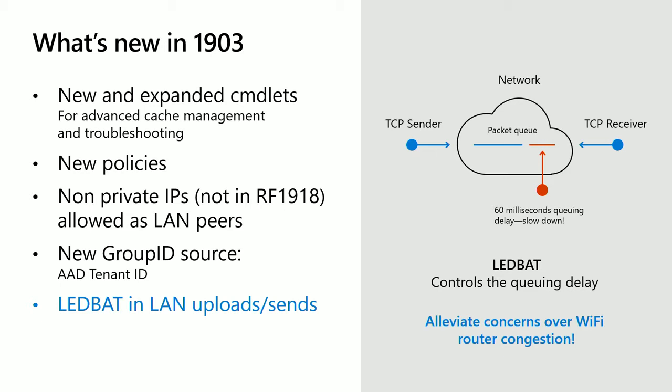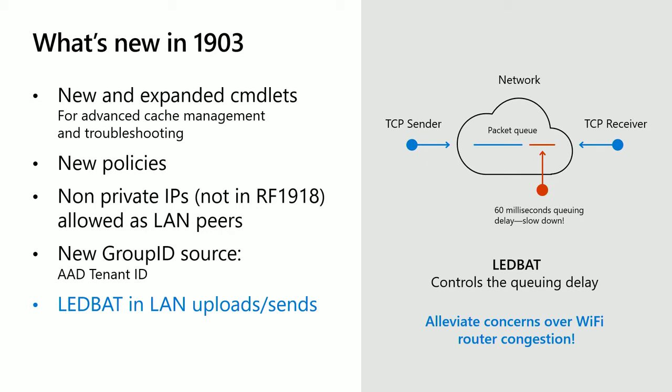As we've been talking, especially to customers in the education segment, we've heard that there's concern over Wi-Fi routers not keeping up with the peer-to-peer traffic, even thinking maybe peer-to-peer would hurt the performance rather than pulling it directly from the cloud.